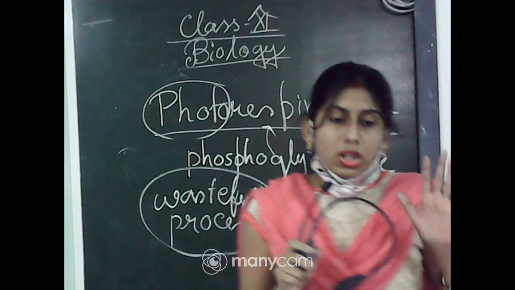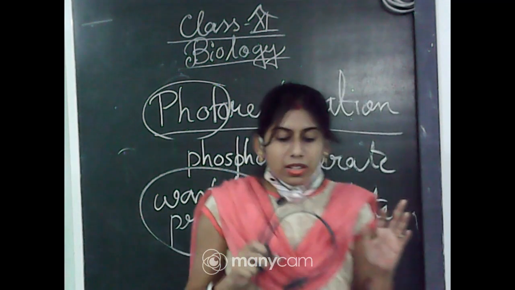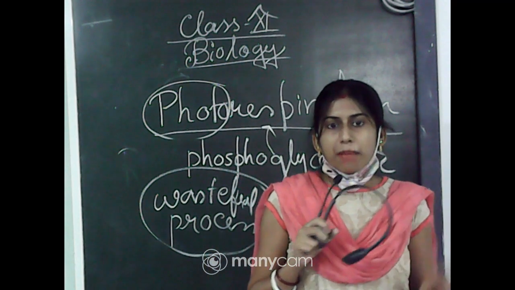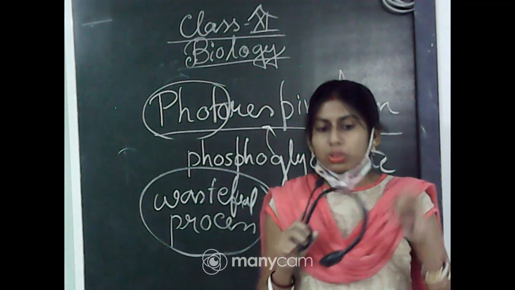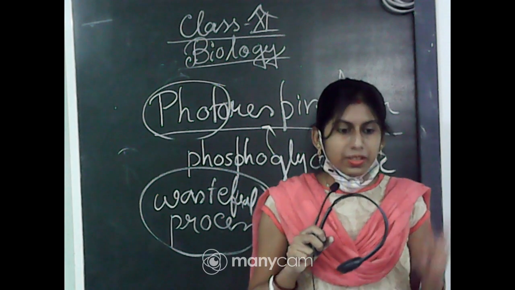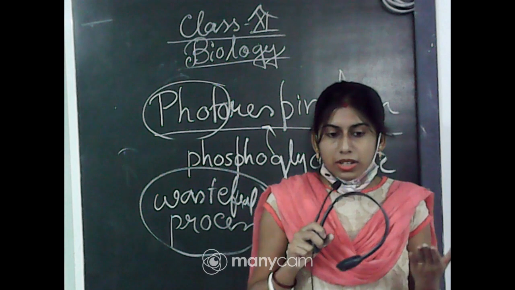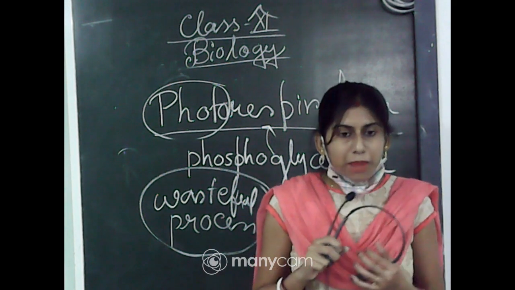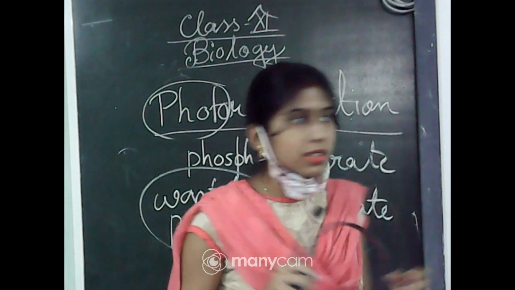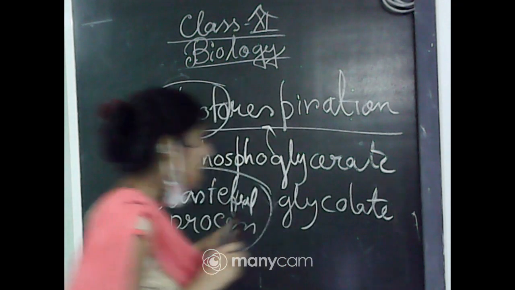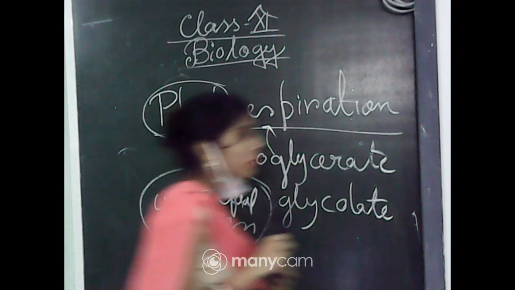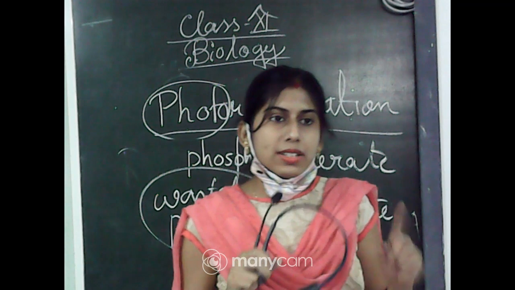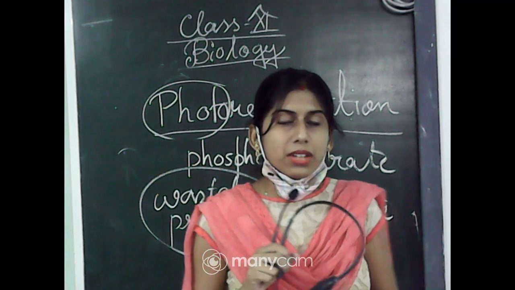So let me summarize this: what is photorespiration? The Rubisco enzyme has an active site for both carbon dioxide and oxygen. Usually, the requirements of plants are starch, ATP and NADPH. These can be formed only by the Calvin cycle, and for that, carbon dioxide must be found in the active site of the Rubisco enzyme.